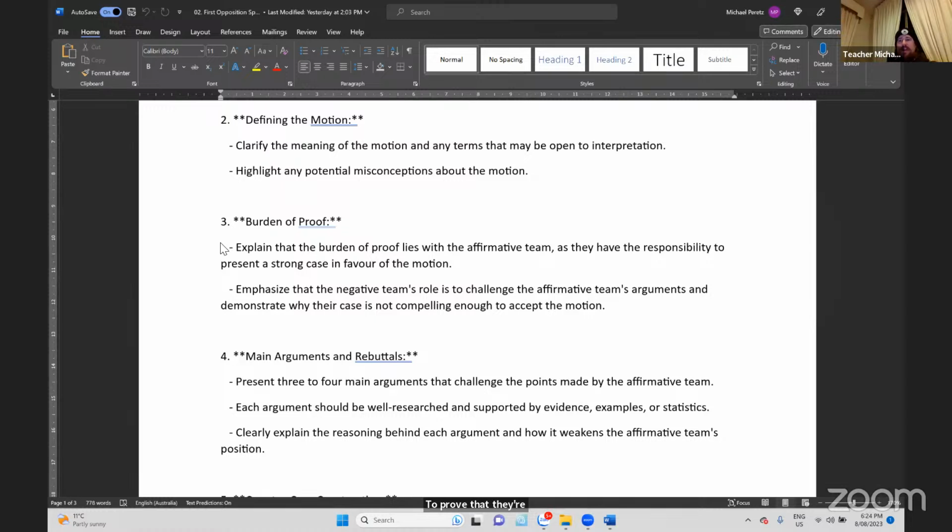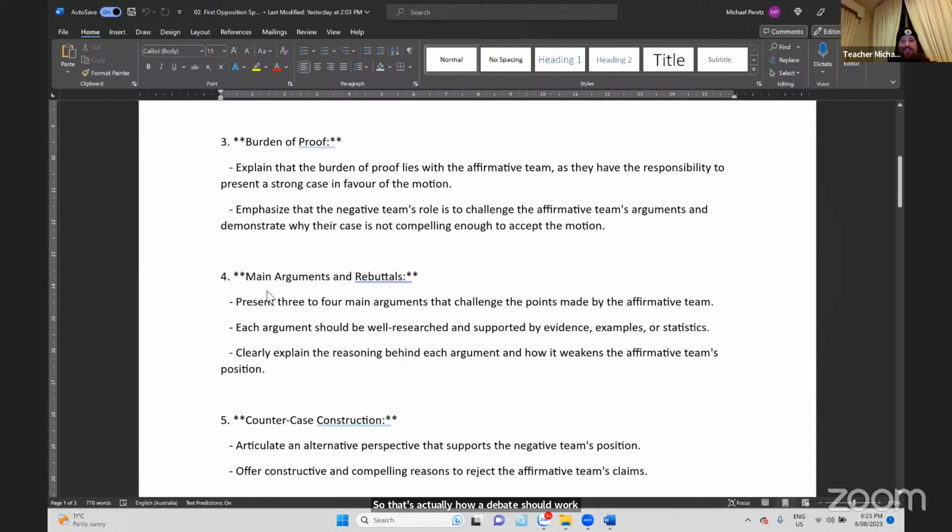It's up to the people charging them to prove that they are guilty. Similarly, in a debate, it's up to the proposition team to prove that they are correct. And it is up to the opposition team to find as many holes in their case as possible and to prove them wrong. That's actually how a debate should work.